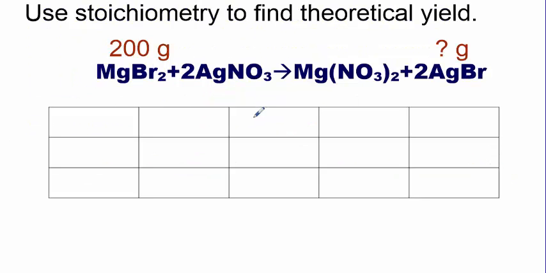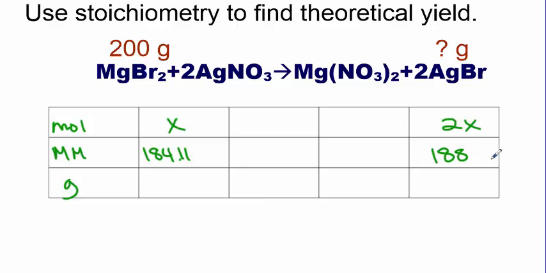So here's our problem broken down. Here's our balanced equation. We have 200 grams of magnesium bromide. We're looking for our theoretical yield of silver bromide. So that's what we're trying to find. So if we're looking at our box, we have moles, molar mass, and grams. Alright, so my moles here is going to be x and 2x. The molar mass for magnesium bromide is 184.11. And the mass of silver bromide is going to be 188.